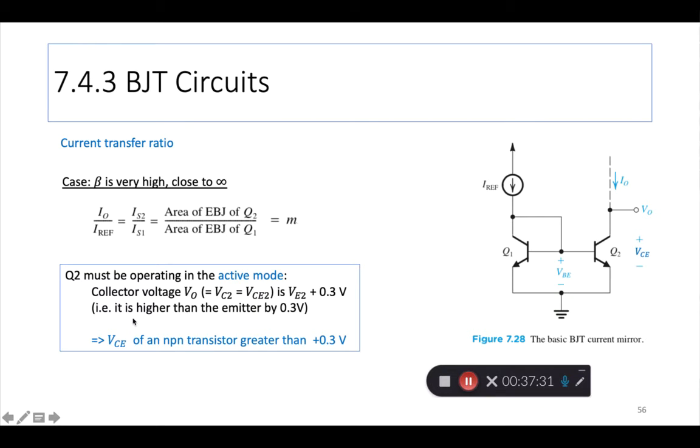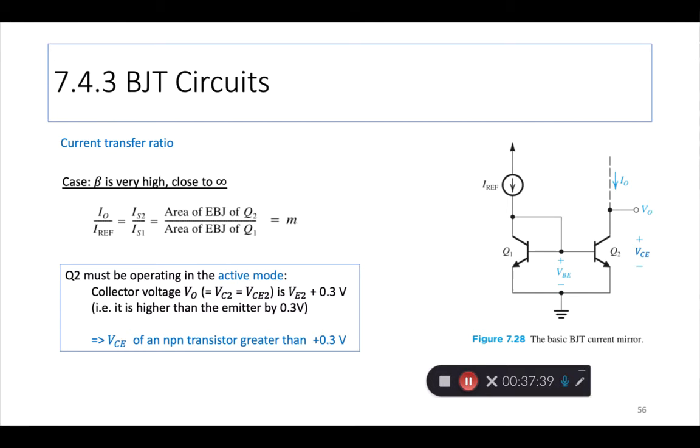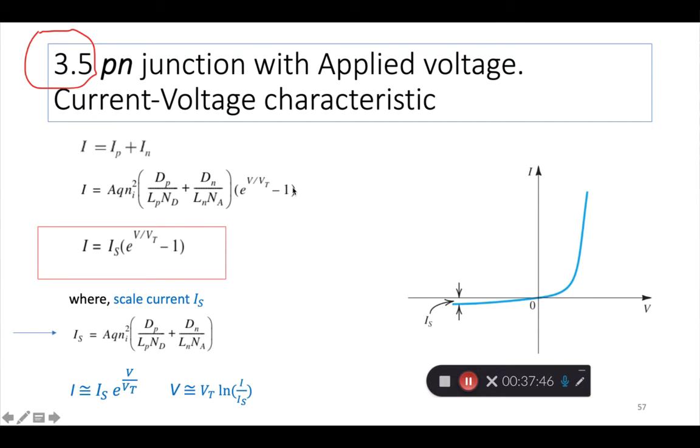Okay. All right. So let's move on to slide 57. Oh, I know you'd forgotten all about IS, right? I told you IS2 by IS1, and I know you know, but in case you don't know, I brought a slide from our chapter 3 notes, semiconductors, where you know that the current across a PN junction can be written as I is equal to IS, where this current IS is called the scale current in this form, right?